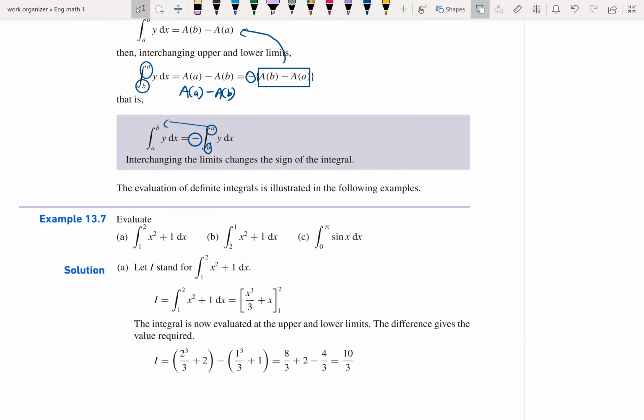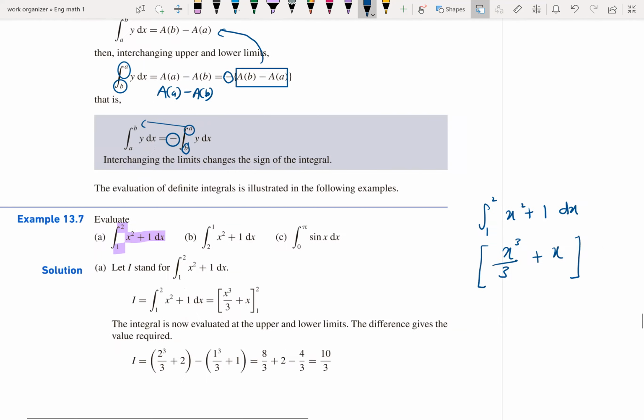Let's do one example. Given x squared plus 1, we have to find the integration. The upper limit is 2, the lower limit is 1. So we integrate first the integral from 1 to 2 of x squared plus 1 dx. It becomes x to the power of 3 over 3 plus x, and there's no c here because it's area.